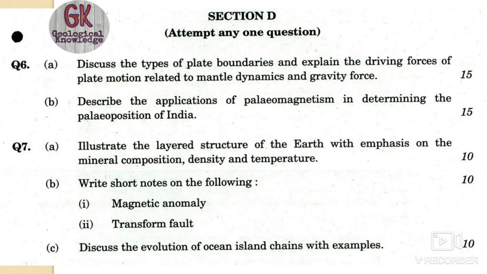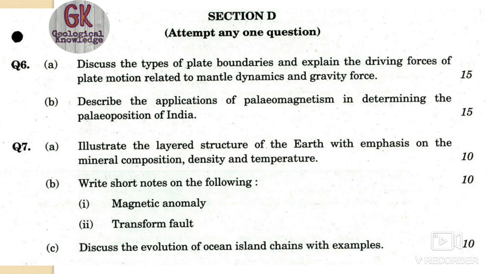And question number 7a, that is illustrate the layered structure of the earth with emphasis on the mineral composition, density as well as temperature. Okay, so this is a very interesting question, and here you have to illustrate the layered structure of the earth with special emphasis on the mineral composition, density as well as temperature variation.